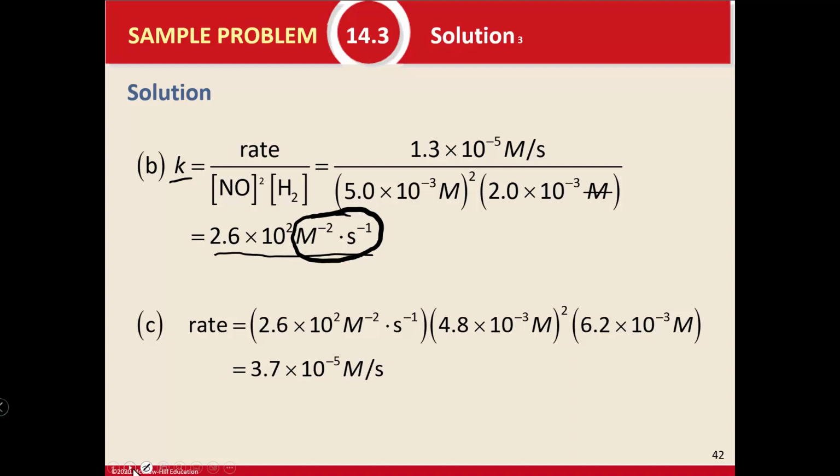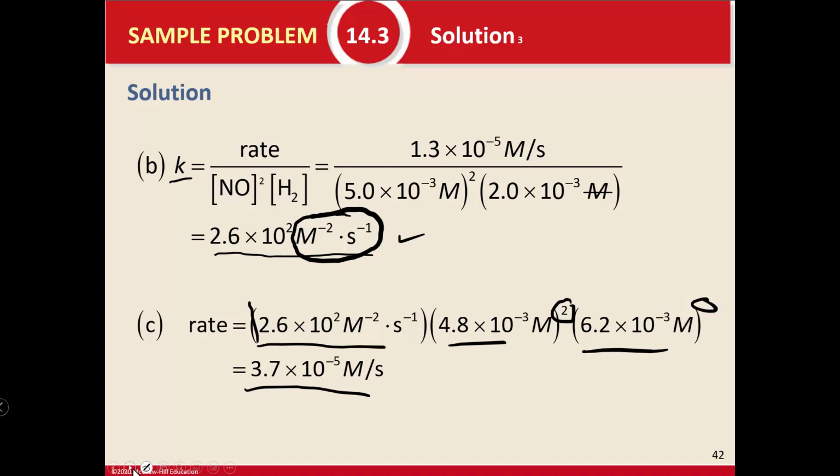Once we have the rate constant, we can take any experimental data concentrations, plug that into the rate law, multiply it by the rate constant we determined here, and we can determine the rate of the reaction. That's what's cool about it. Once you solve for the rate law, you know what the orders are, and you know what the rate constant is.